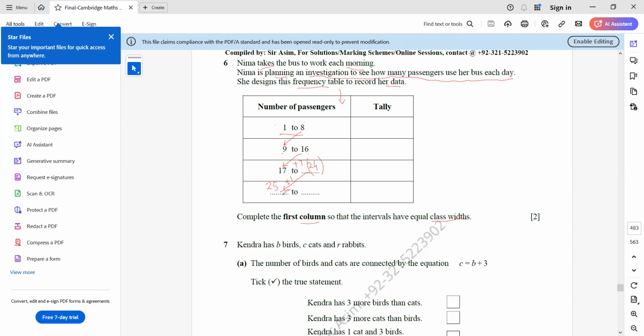And then once we have written 25 over here, plus 7, since we need to have the equal class width, each class is having a gap of 7. So 25 plus 7, that would be 32. So this is how column 1 is to be completed.